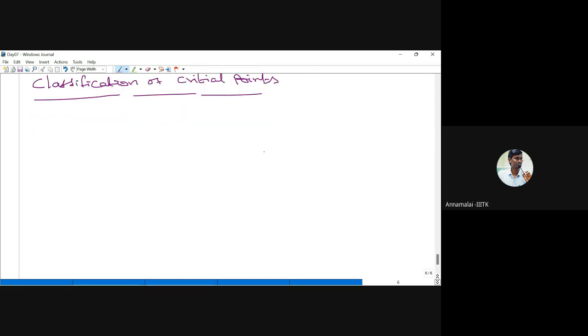Okay. Suppose we have some critical point. We call x naught comma y naught a critical point of f of x comma y. So let the point P, that is x naught comma y naught, be a critical point of the function f of x comma y.